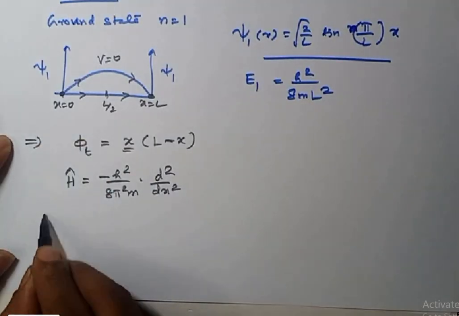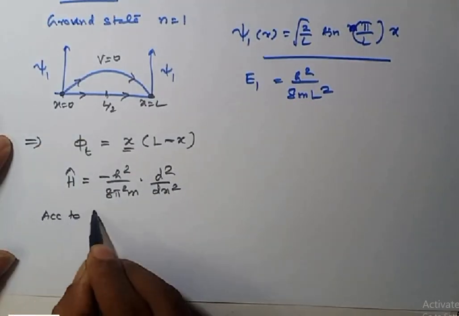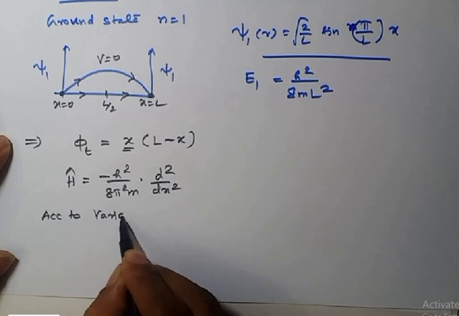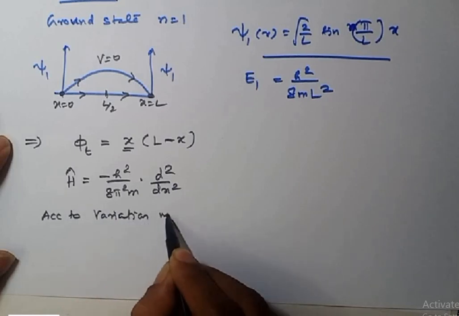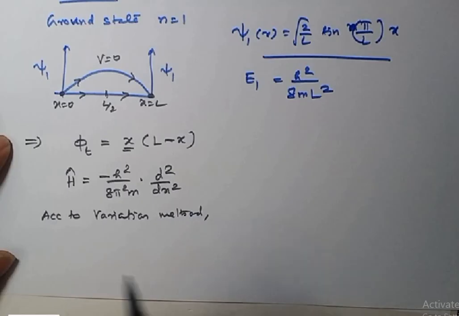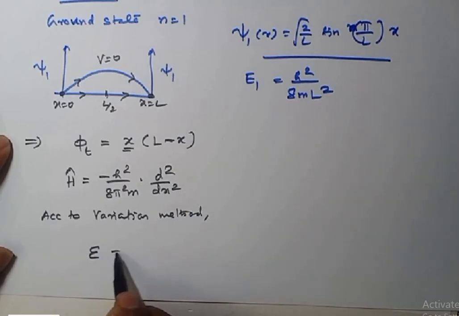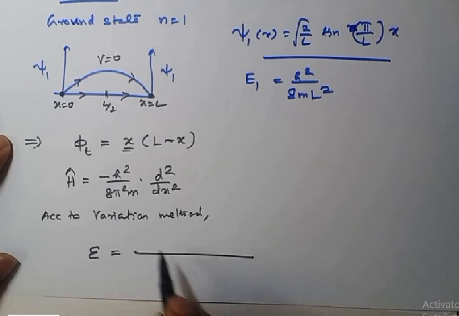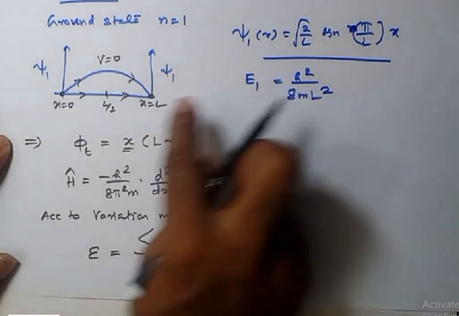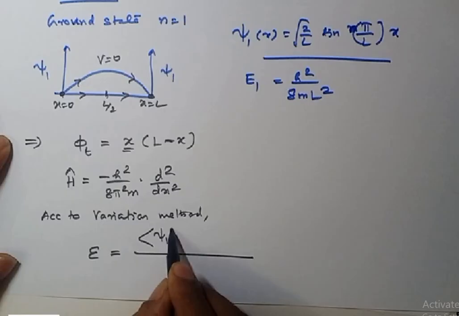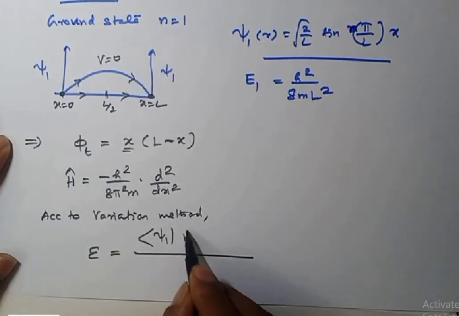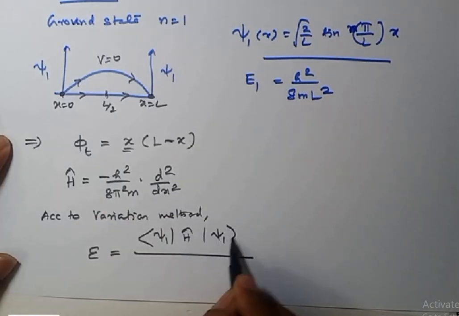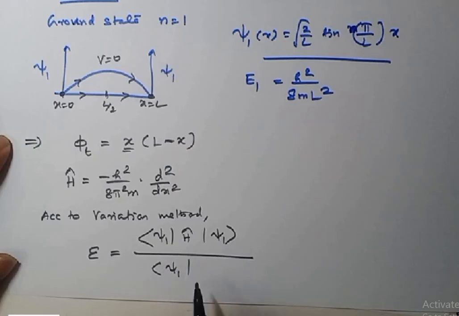According to the variation method, the expectation energy, or the average energy, is given by the formula bra of psi 1, Hamiltonian operator, ket of psi 1, divided by bra of psi 1 ket of psi 1.